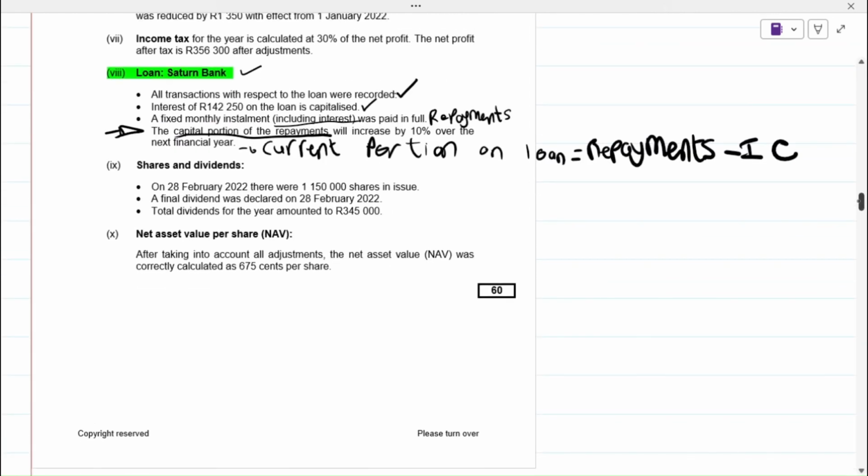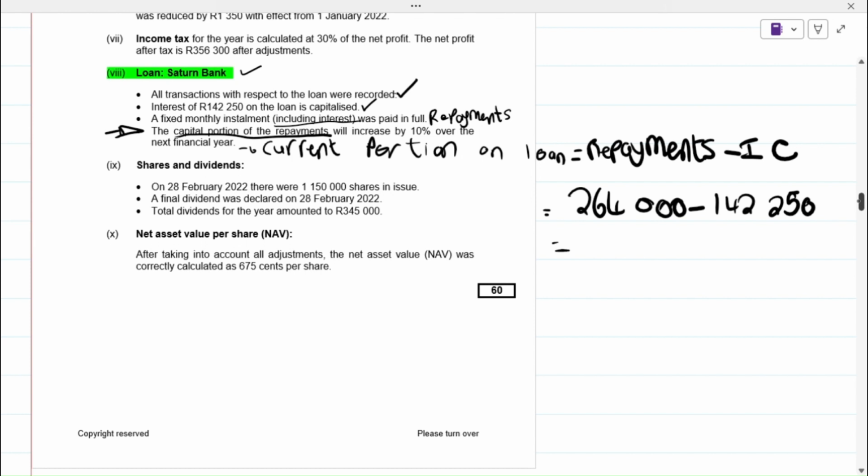So okay, I had repayments of 264,000 that I made, and they were inclusive of interest, right? So I have to remove interest from that amount, which will be 142,250.